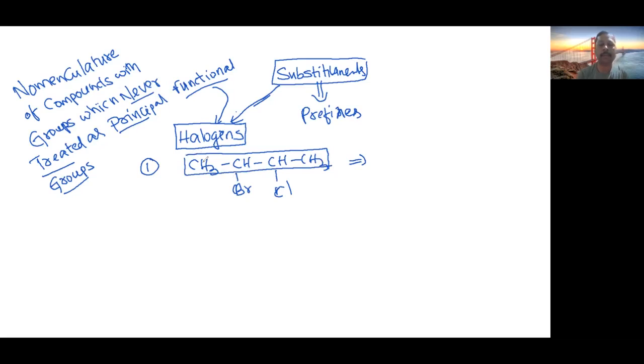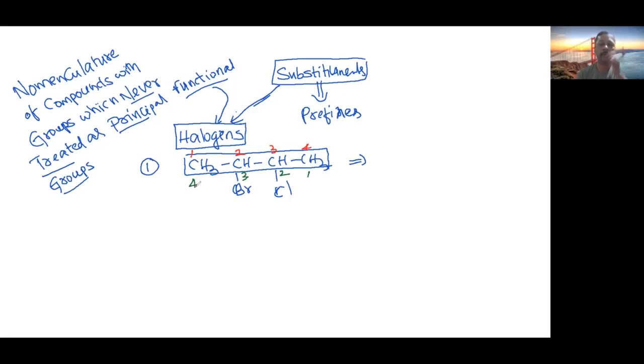Here, it is a small chain, so we can number it from either side and we get the lowest sum rule. According to the lowest sum rule, both will give you the same number. Let me number from left to right: 1, 2, 3 and 4. If I number from right to left, 1, 2, 3, 4.